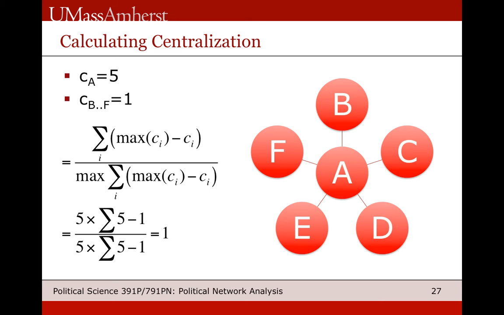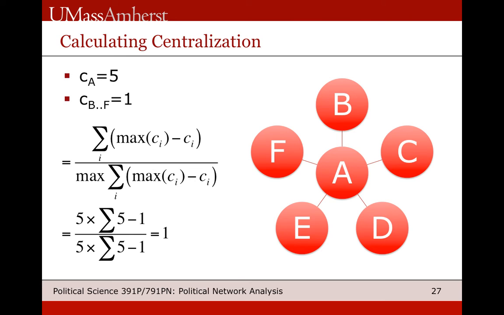So let's just, for the purposes of this example, assume we're going to give A a score of 5 because that is the number of outgoing and incoming, or just number of ties that A has. And we're going to give B, C, D, E, and F a score of 1. Now, if we look at the differences between A and B, C, D, E, and F, we can see that those sum up to be 20.